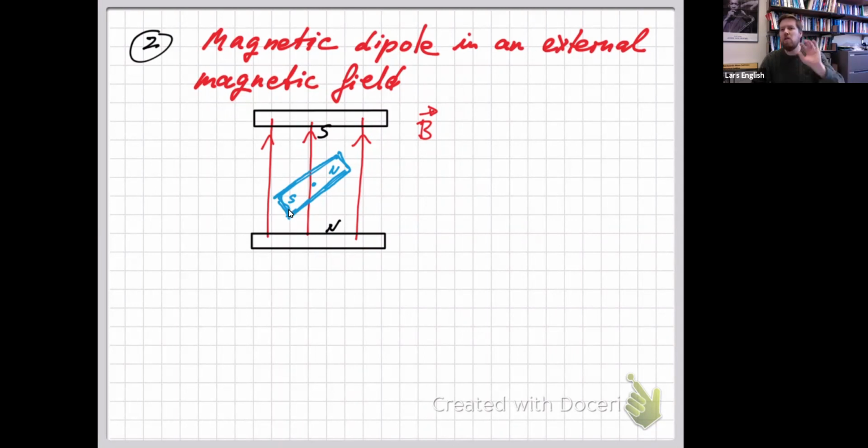I'm going to put it into an external field produced by something else, here represented by the red arrows. So I have some homogeneous magnetic field in some region of space, and I place my blue bar magnet inside of that space. As you notice here, I have it in a random orientation. What happens next?